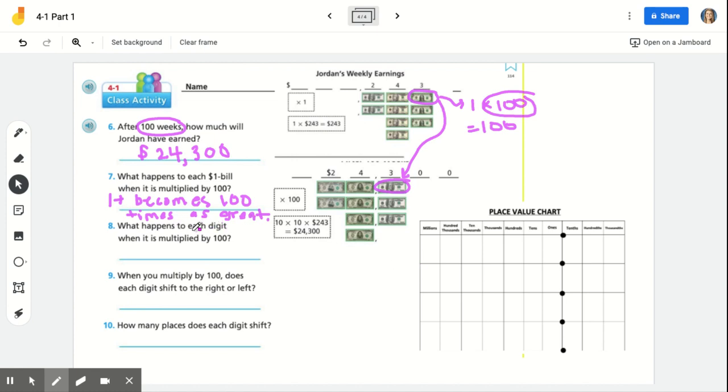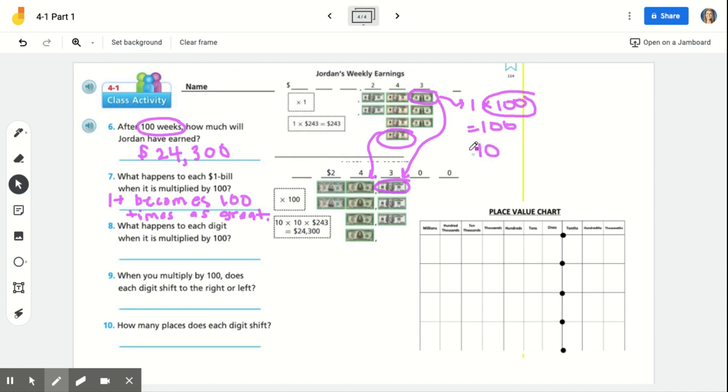What happens to each digit when it is multiplied by 100? Well, if we hop on over, Jordan's 4 $10 bills after 100 weeks of working turned into 4 $1,000 bills. They got 100 times as great. We started off with 4 $10 bills.